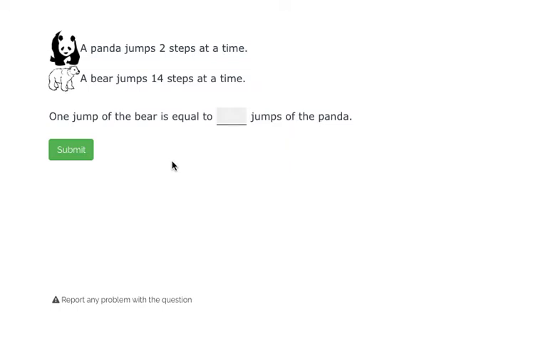A panda jumps 2 steps at a time. A bear jumps 14 steps at a time. One jump of a bear is equal to how many jumps of a panda?